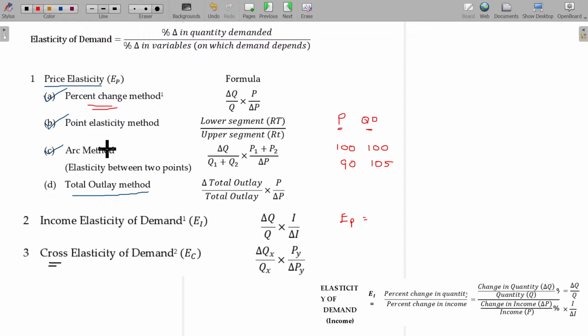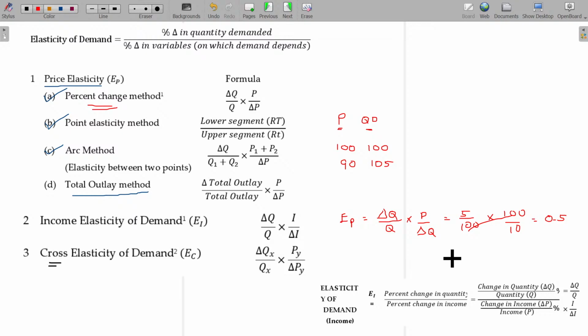So you have to depend only on the percentage change method. Change in quantity divided by quantity, into price by change in price. Change in quantity being 5 and quantity being 100, price being 100, divided by change in price being 10. So 0.5.